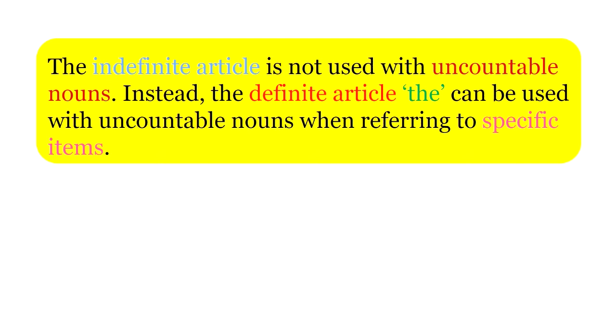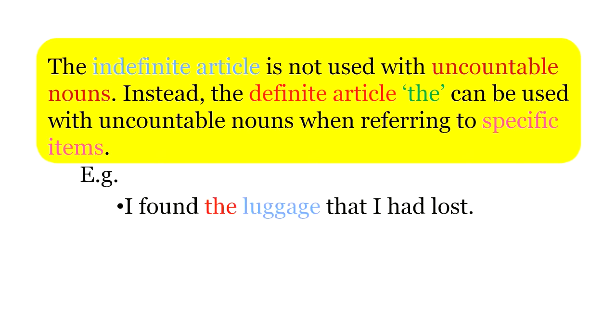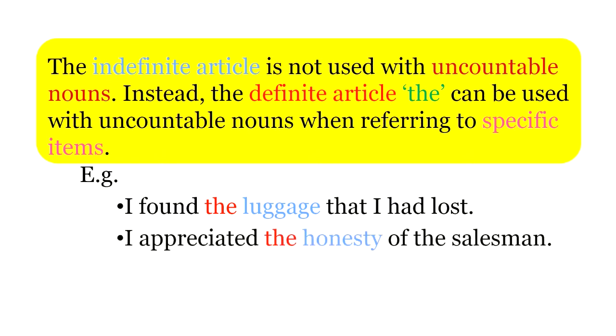For example, I found the luggage that I had lost. Here, we are pointing towards the specific luggage that I lost, so we will use the definite article. Another example, I appreciated the honesty of the salesman.